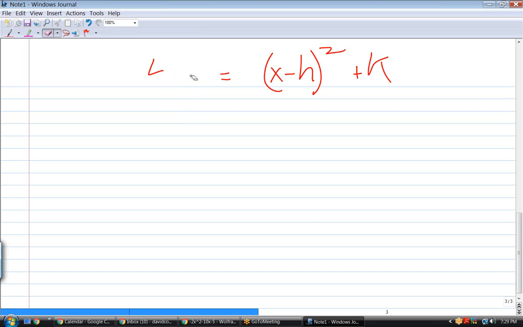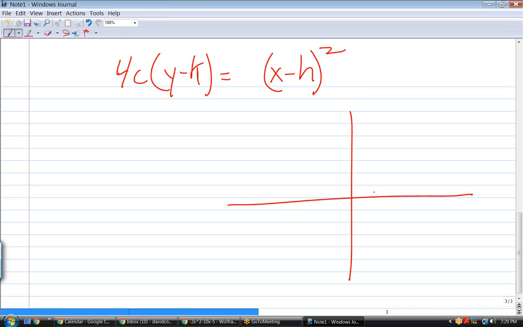This is what you should have learned. Is that what you learned? Where k and h are the coordinates of the vertex. Oh, yeah. And then you make k the opposite? Well, if I had a vertex that is at 0, 0, then k is 0, h is 0, and you end up with what you gave me originally.